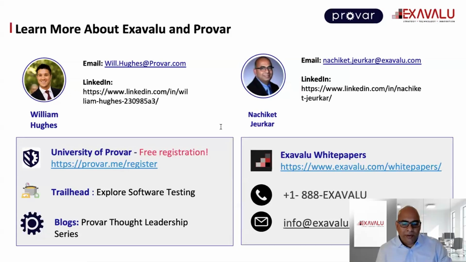We at Exavalu have developed some accelerators, basically to develop both the BDD test cases, BDD scenarios from stories which may not have been written in that format, and then also to generate the test data. So in short, you prompt the LLM appropriately, you pipe the output, and we have some Python scripts that will then take the output, convert it into an Excel, and then use that to load.